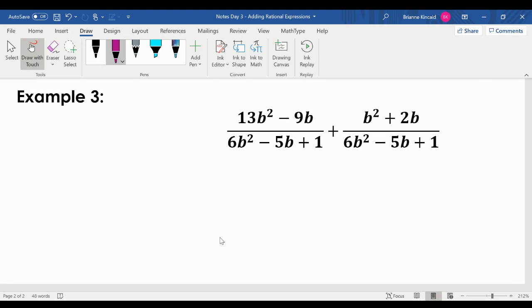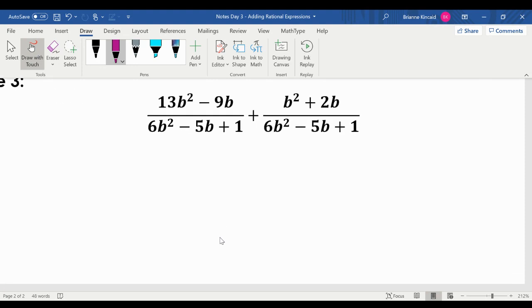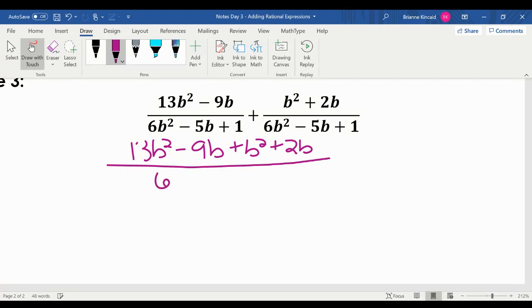All right, and for our last example, both of our fractions have the same denominator. I'm going to go ahead and combine them. So 13b squared minus 9b plus b squared plus 2b, all over 6b squared minus 5b plus 1.